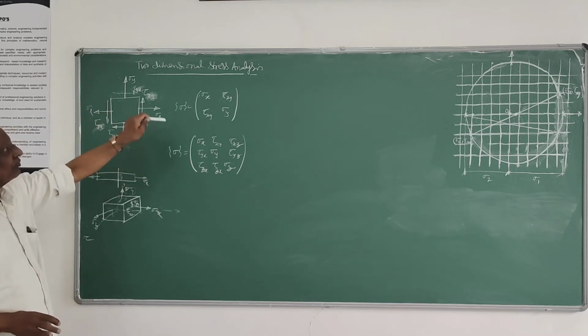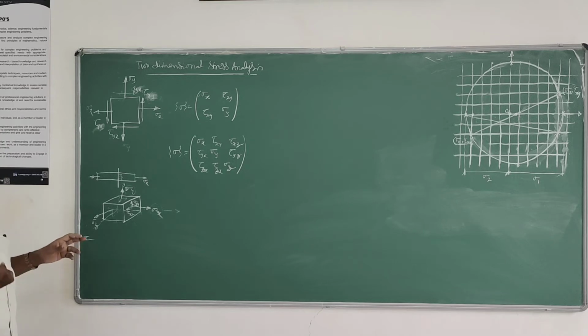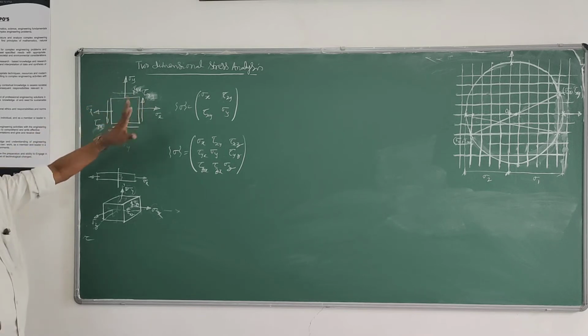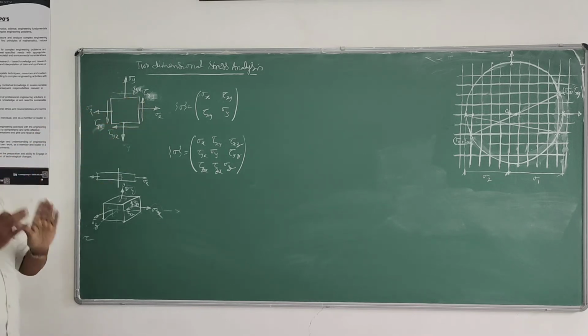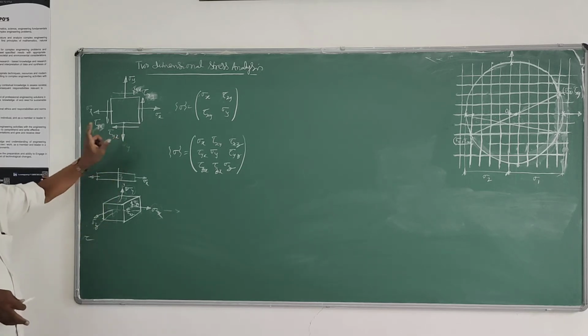This is the state of two-dimensional stress which has already been told to you in the theory class. Here I am going to take up this two-dimensional stress analysis by graphical method, that is called using Mohr circle. So that is our topic now.